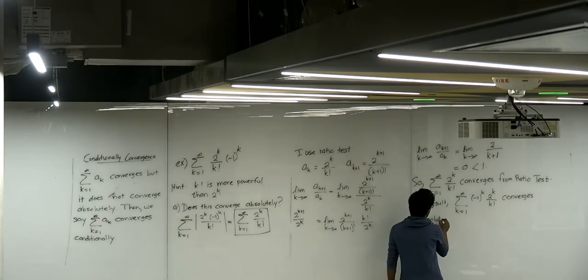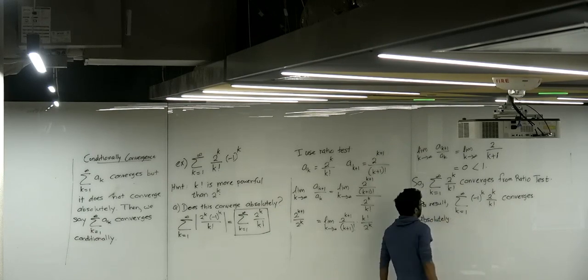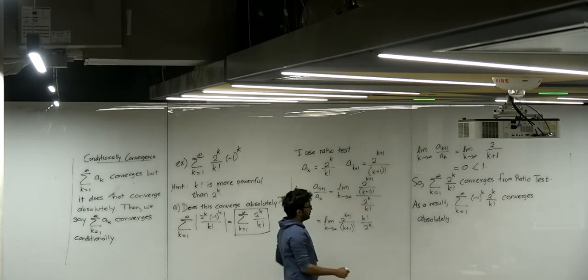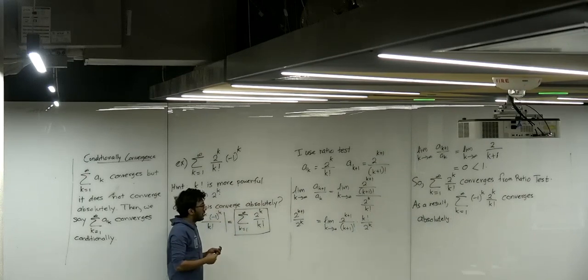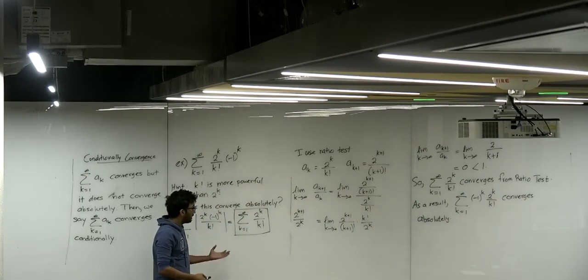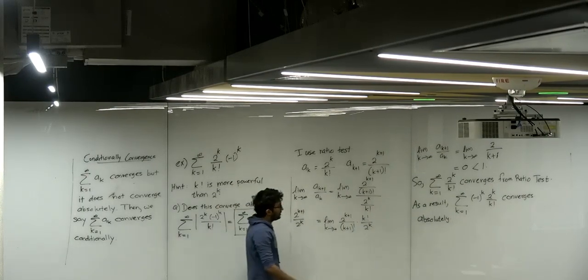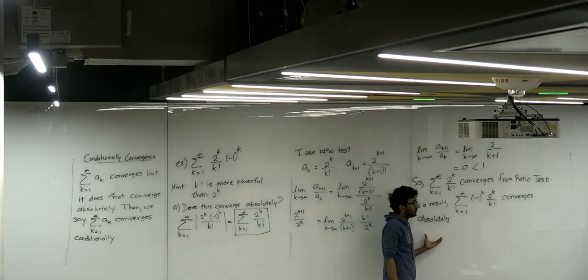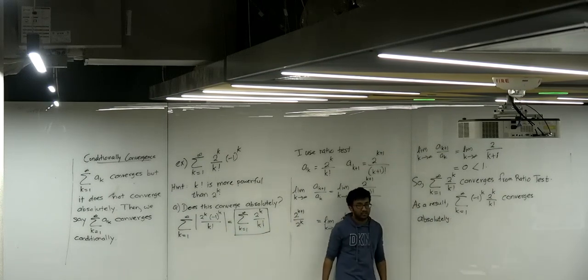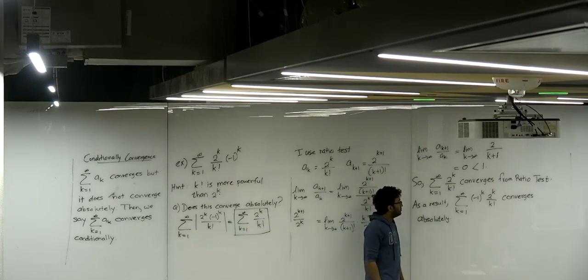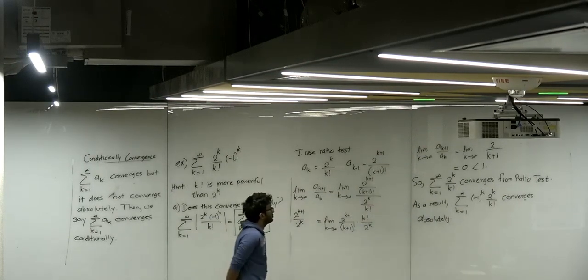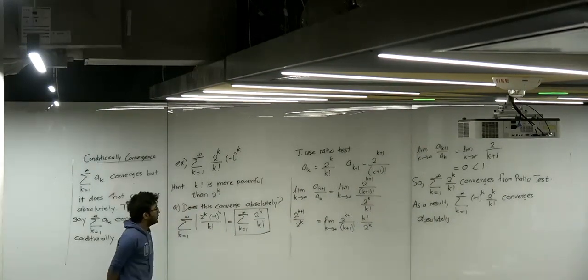That is the terminology, right? Because we use the concept of absolute value to determine its convergence, we say that the series converges absolutely. Any questions about that example?